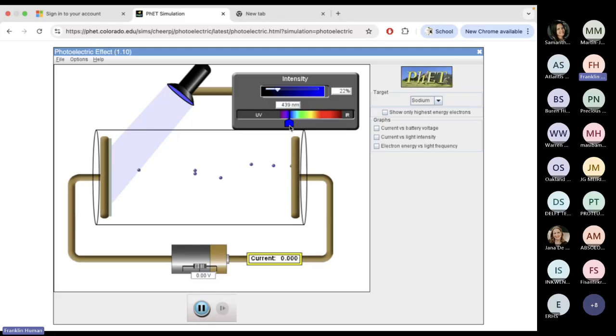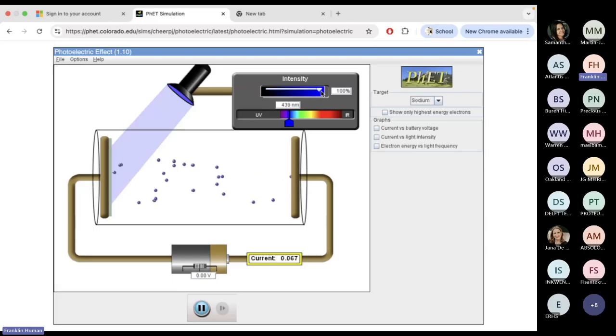Okay, so electrons being emitted from the surface of my sodium metal. Look what happens to the amount of electrons being emitted when I increase my intensity. I've increased my intensity. I didn't change the color.